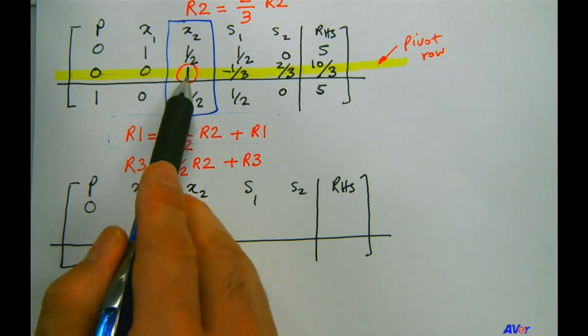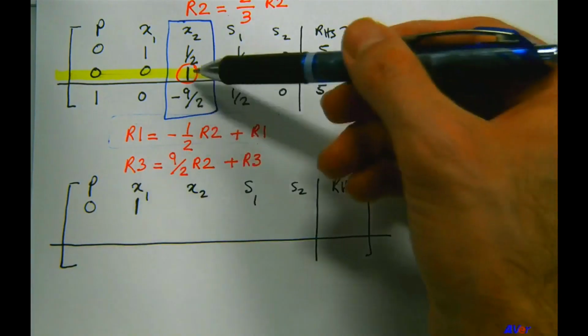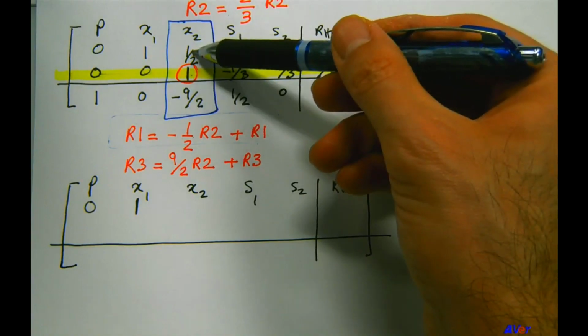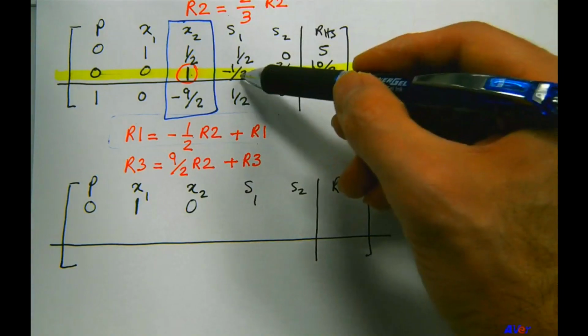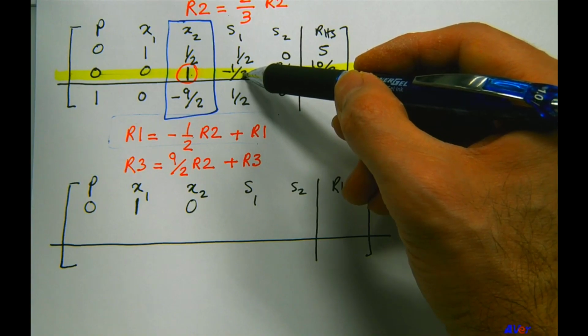Minus 1/2 times 1 is minus 1/2, plus 1/2, it is 0. Minus 1/2 times minus 1/3, that's positive 1/6.